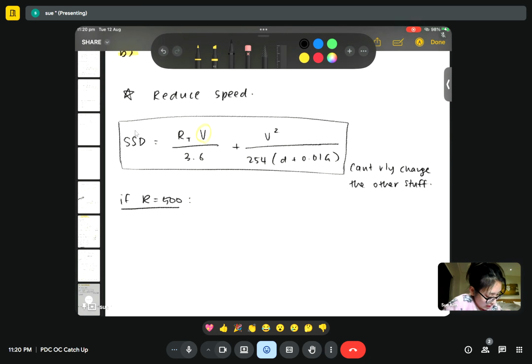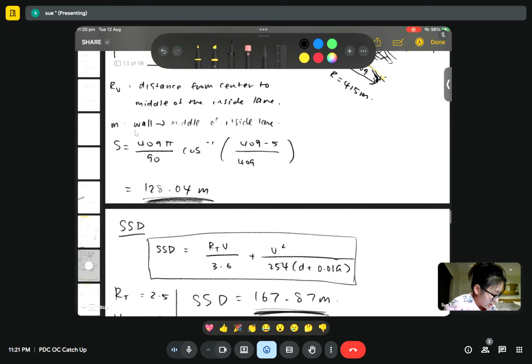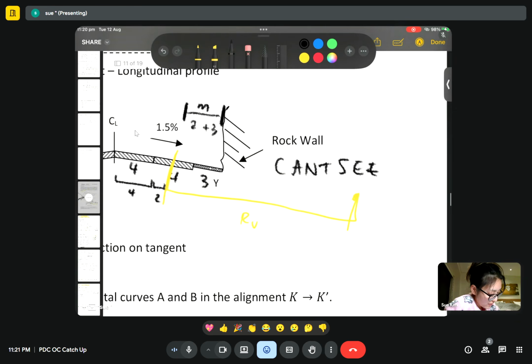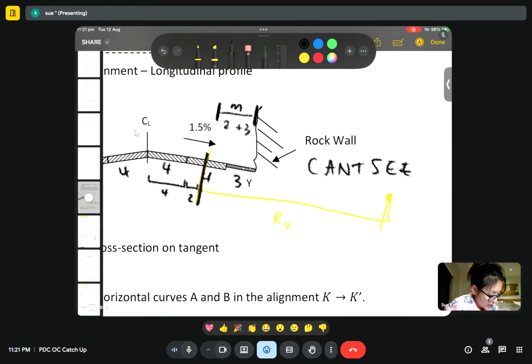And then I'm going to find the stopping distance again. So if the radius is 500, this is 500 minus 6. Why am I doing minus 6? It's because, remember, for RV, I need to find the distance from the center of the circle to the center of the middle lane. And the center of the middle lane is 6 meters away from the center line.